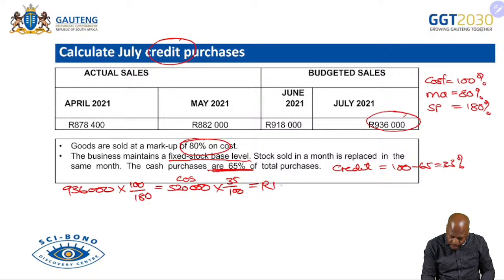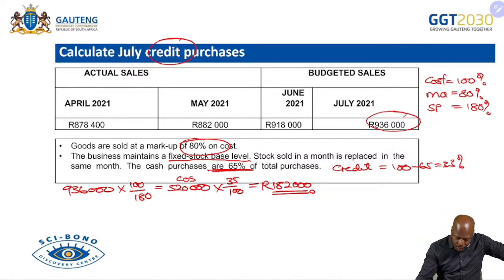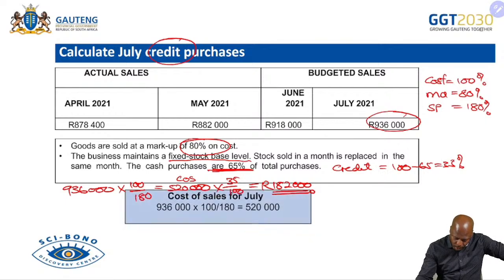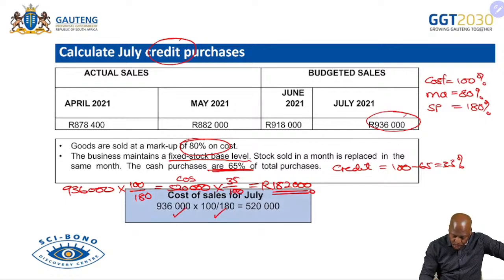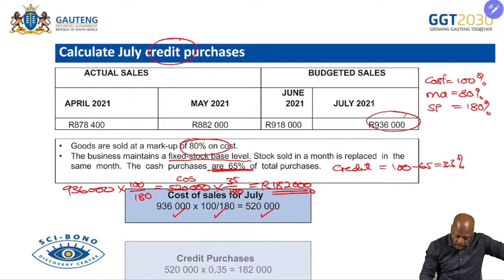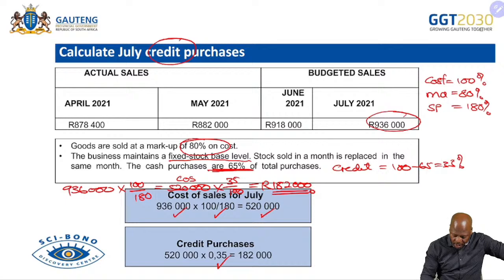Punch that in your calculator and you get 182,000. That becomes your credit purchases for the month of July. So we took our 936, 100 over 180 to give the 520, then multiplied the 520 by 35% to get 182,000.